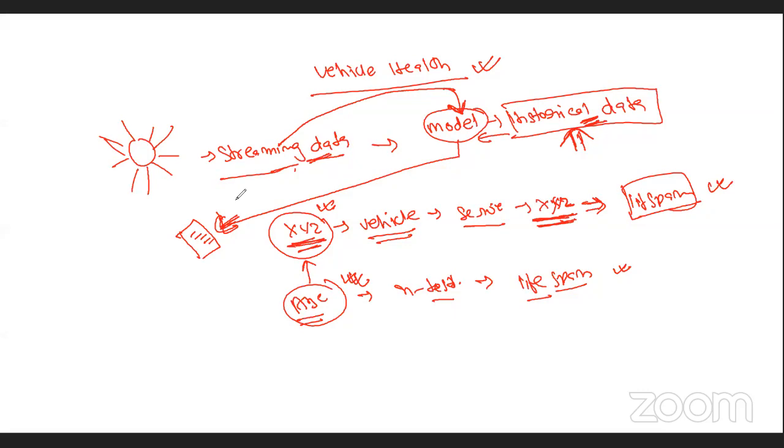Apart from that, we were trying to generate a huge amount of revenue as well. Because I was sending the user a notification that your vehicle can go down and this part of your vehicle can go down. So for sure, if I'm sending a notification, there is a very high chance that the user will not go anywhere.